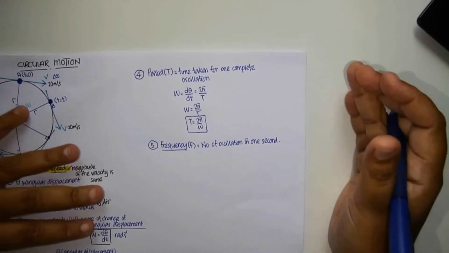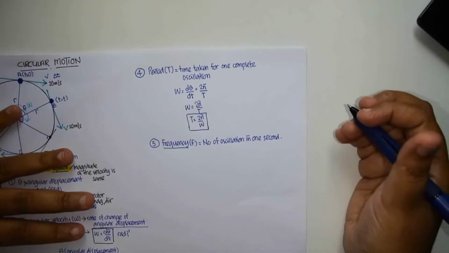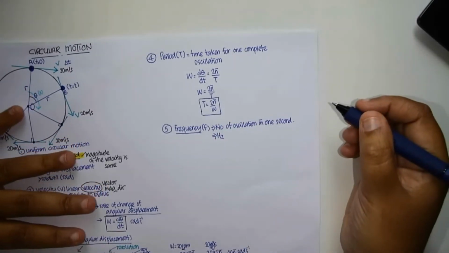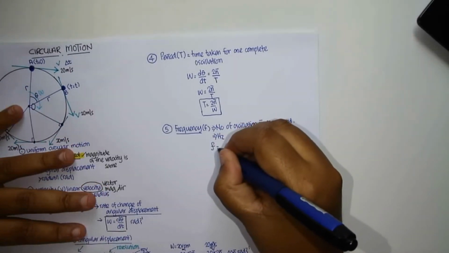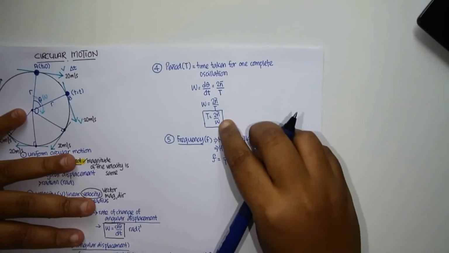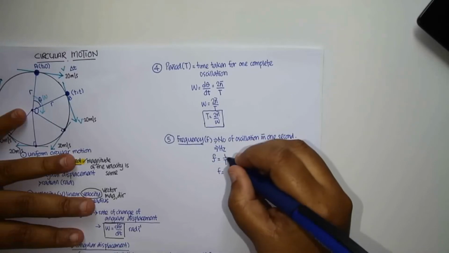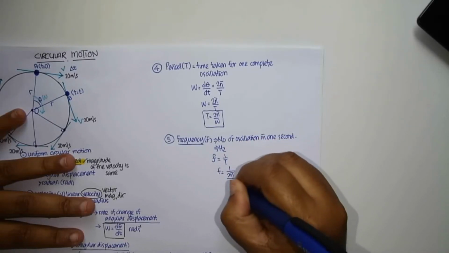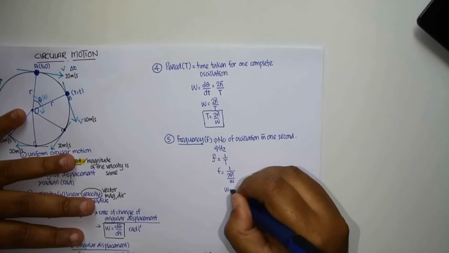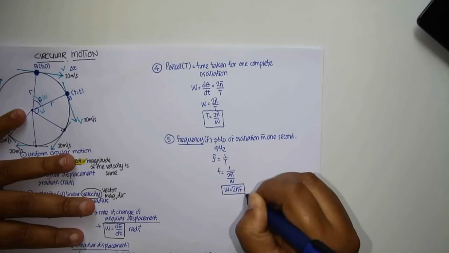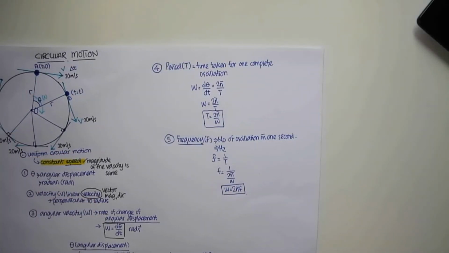So the unit of frequency is hertz. Frequency is equal to 1 over t, and t is equal to 2 pi over omega. So f is equal to 1 over 2 pi over omega. So omega is equal to 2 pi f. So that is about frequency.